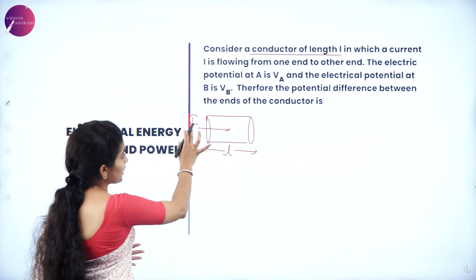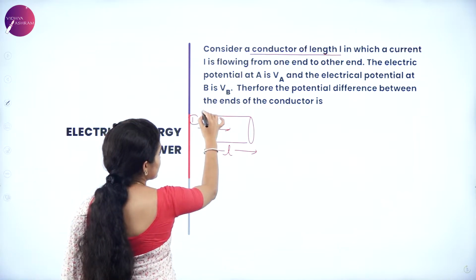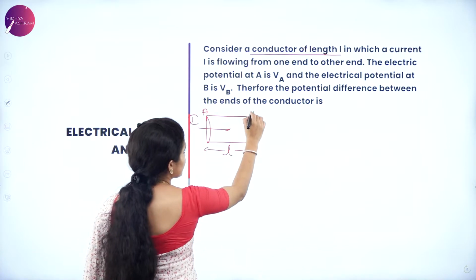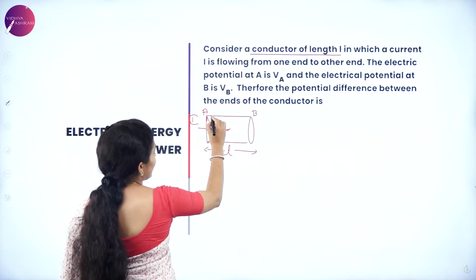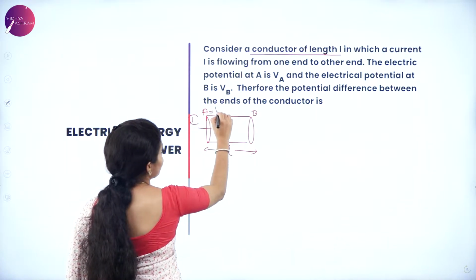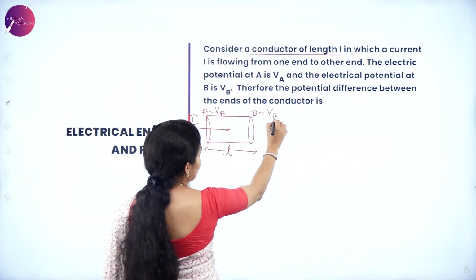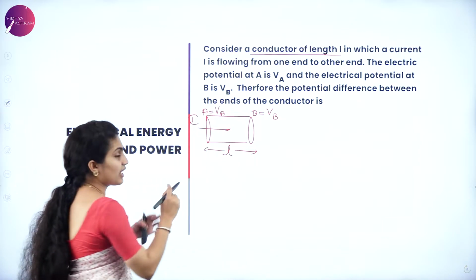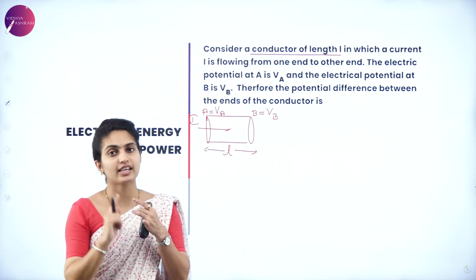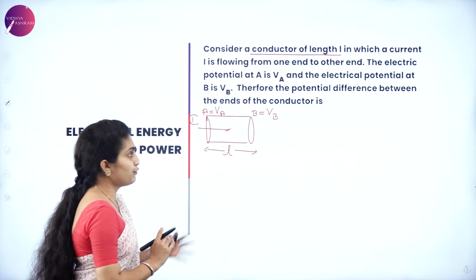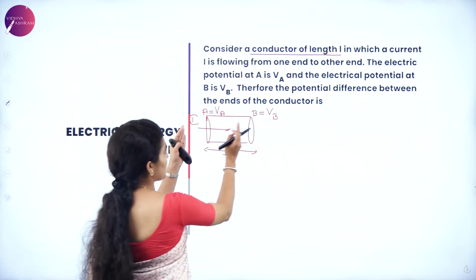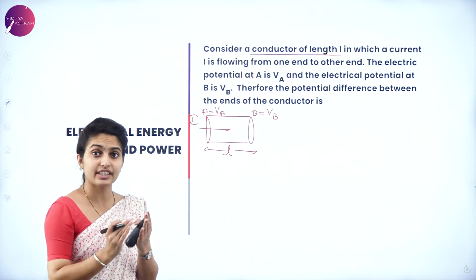The electric potential at A, suppose this is area A and this is area B. At area A there is a potential of VA, and at area B there is a potential of VB. So this end and this end have certain potentials, call them VA as well as VB. Therefore, how is the potential difference between the ends of the conductor given?